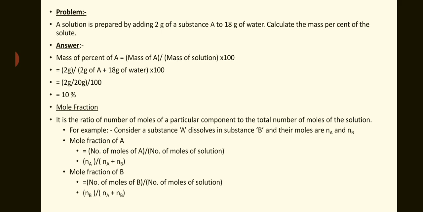So 2 by 20 into 100. If you simplify this, you will get 10%. So the solution obtained is a 10% solution. Weight by volume or weight by weight? Both units are taken in gram, so we call it weight by weight mass percent.